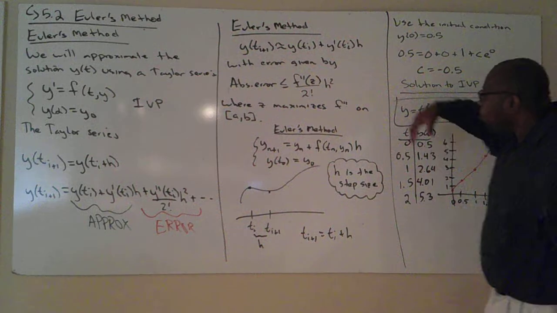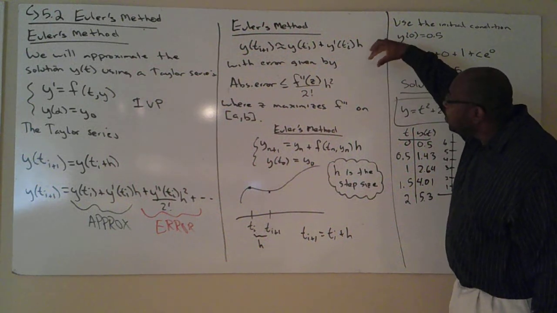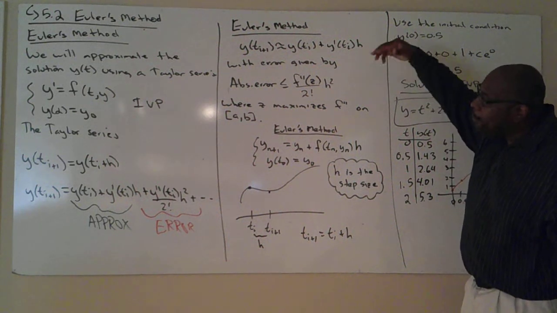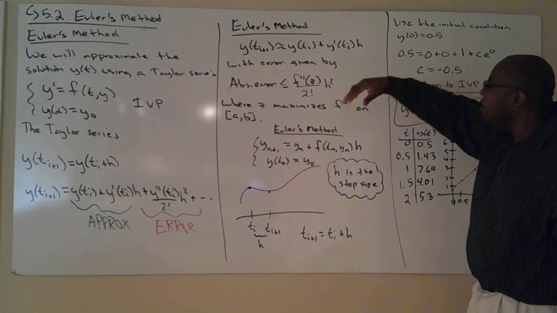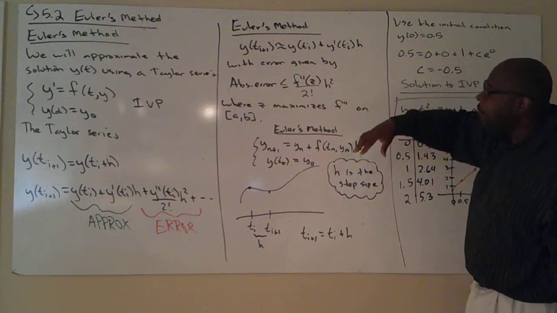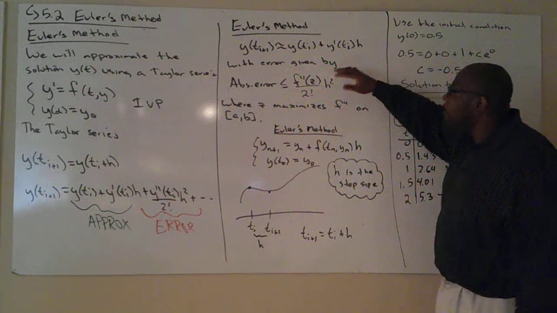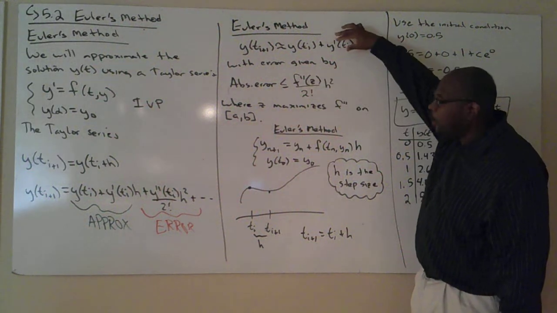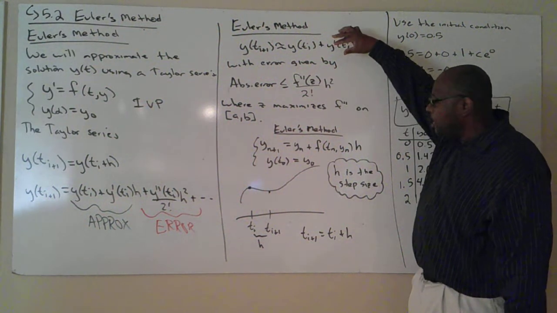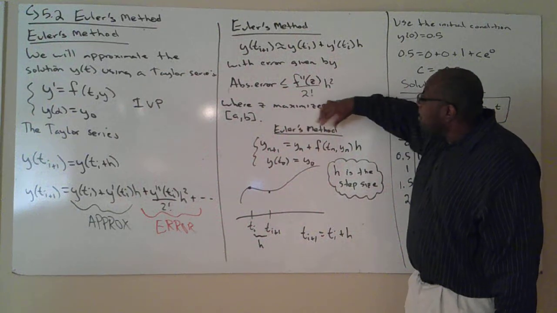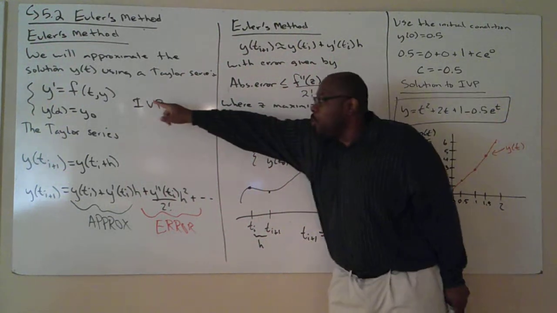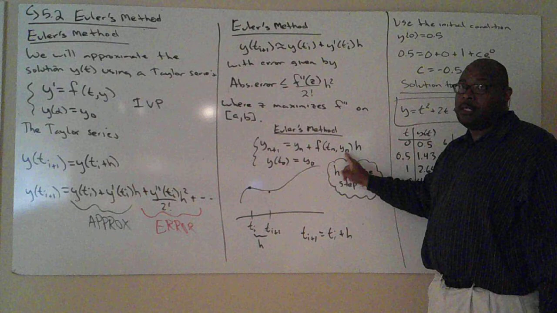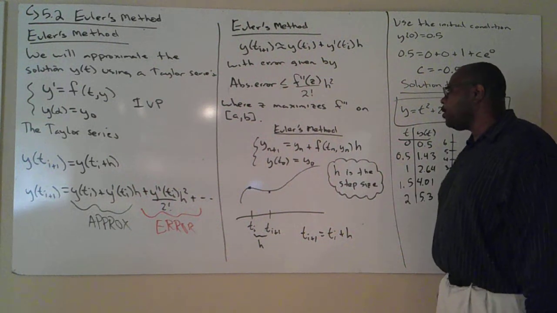I love that we keep coming back to this Taylor series idea, approximating a solution using the Taylor series. My solution is approximately equal to the first two terms of my Taylor series, and then I'm just using the fact that y prime is equal to f of t, y, which is this term right here. That's all we're doing.